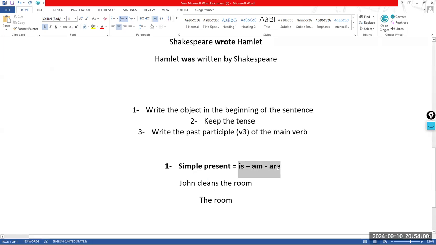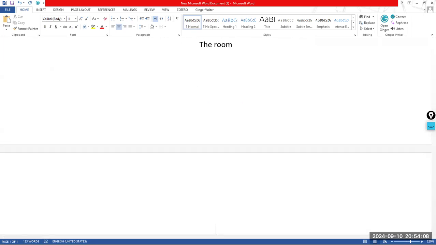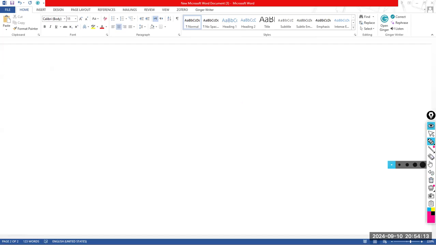Now listen to me carefully, because this is the most important rule in explaining the passive voice. Guys, all the passive voice, all of it, without any exception, revolves around the verb to be. What I care about in the passive voice is verb to be only.